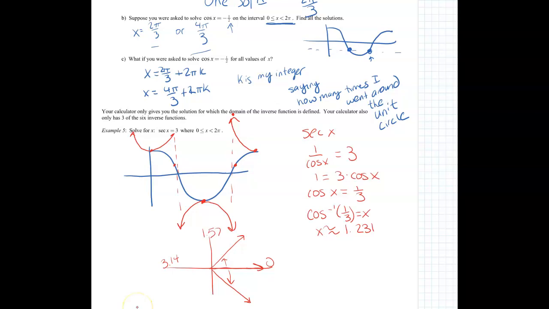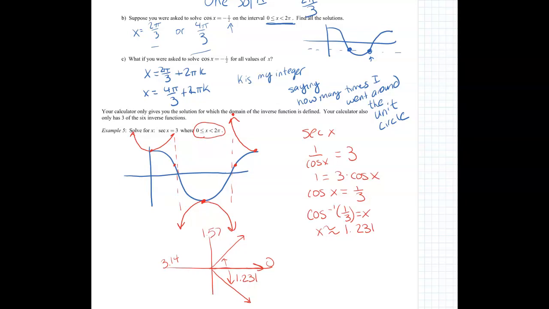So, using my reference angle, this would also have to be 1.231 away from that x-axis. I can't just go down 1.231 radians, though, can I? No, because I have to stay within this particular interval between 0 and 2 pi.